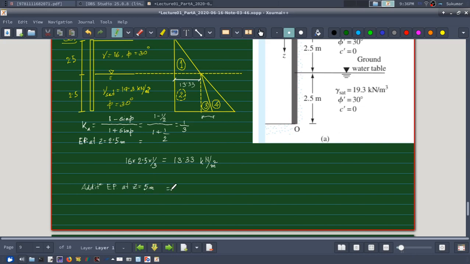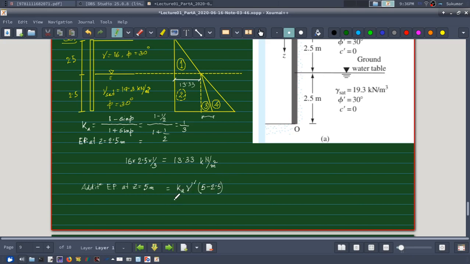Now gamma submerged I will have to use. Let me write down Ka times gamma submerged times 5 minus 2.5.